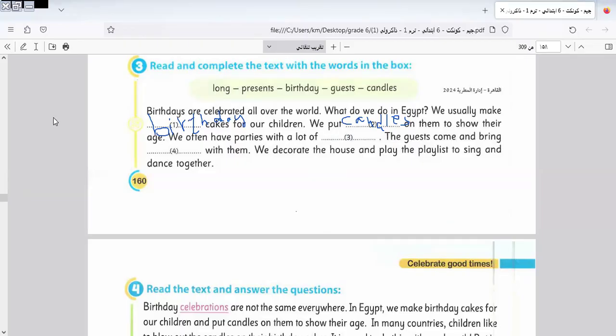Okay, it will be a lot of guests. The guests come and give presents with them. We decorate the house and play music to sing and dance together. Okay, this is the text. Let's go to another one here.